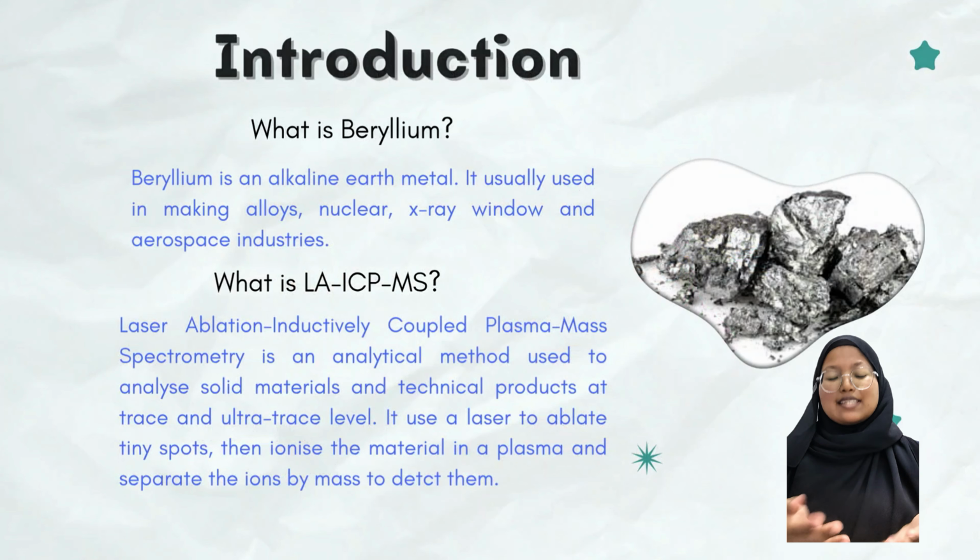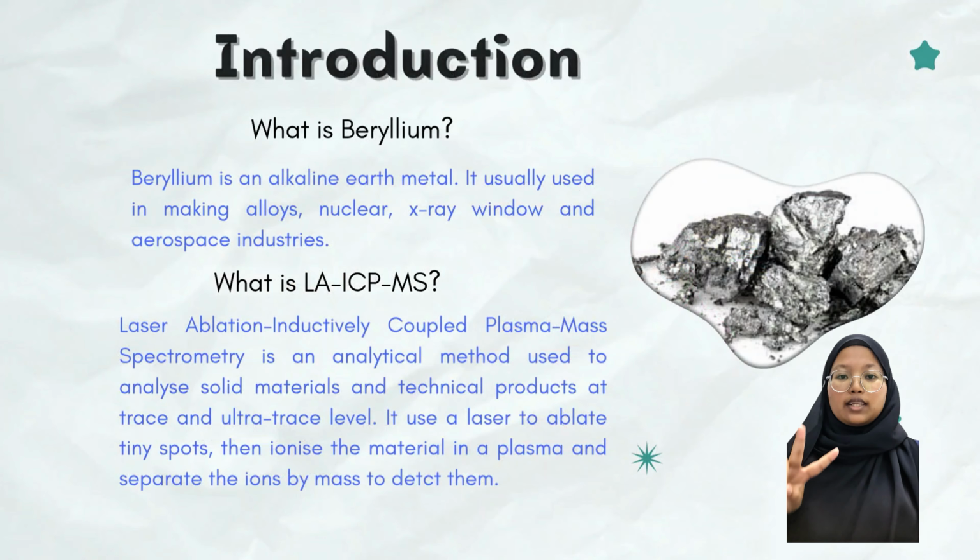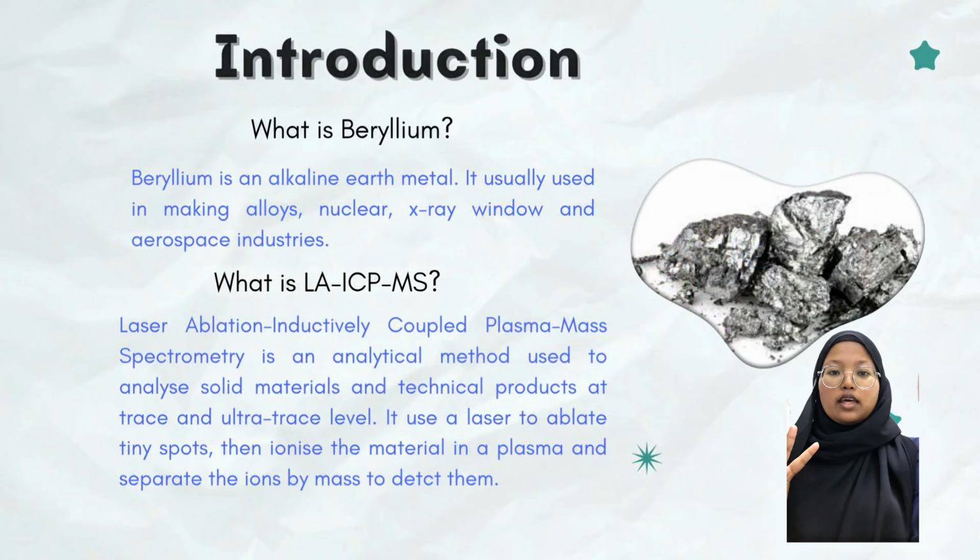Introduction. What is beryllium? Beryllium is an alkaline earth metal. It is usually used in making alloys, nuclear, X-ray window, and aerospace industries. What is LA-ICP-MS?